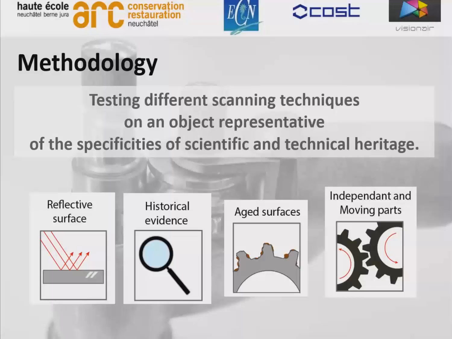We also want to save the historical evidence, like a scratch on a surface or stuff like that. We also have aged surfaces. We have rust, dust, dirt, lubricants, and so on. And all the parts are independent and can move. So all this information has to be saved in the 3D model.